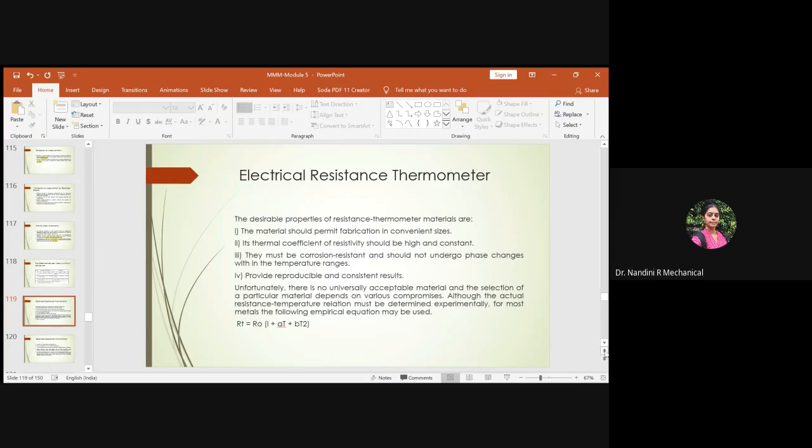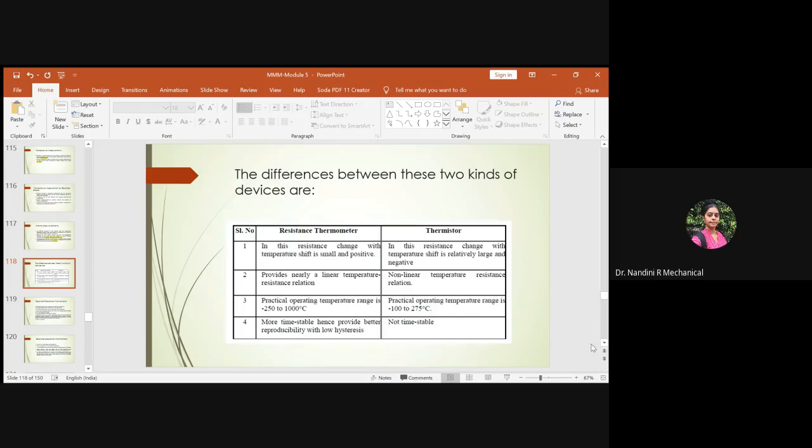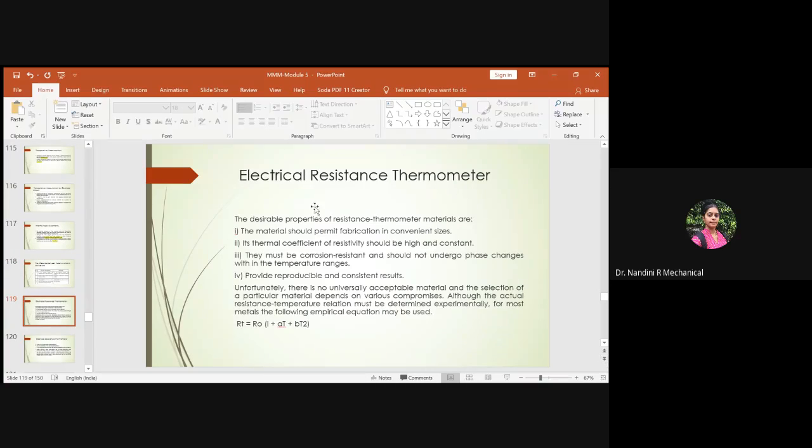Okay, so we dealt with the differences. Let us focus a little bit in depth. This is now again related to the properties associated with electrical resistance thermometers. What are the desirable properties associated with resistance thermometer materials?